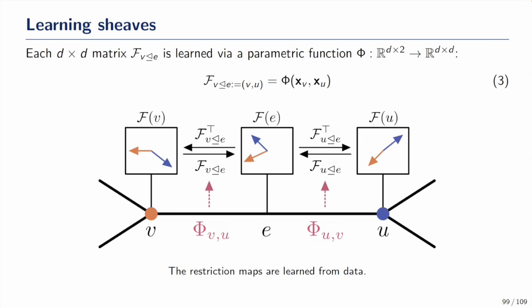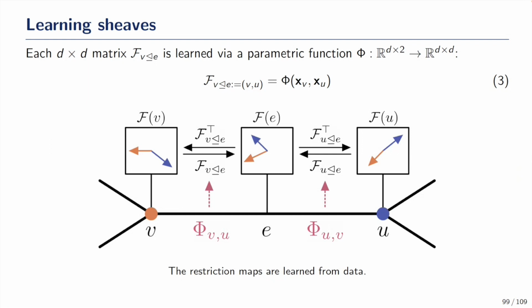Okay, so what we do is learn these restriction maps and use deep learning, the usual story. Essentially, we have a parametric map which is matrix valued. We take the feature of this node v.